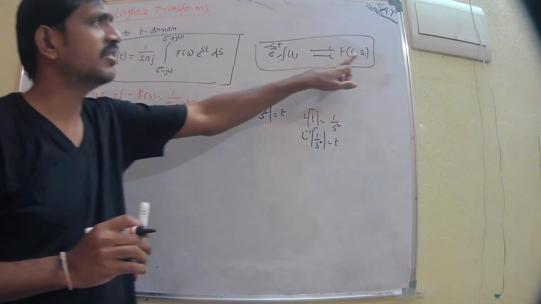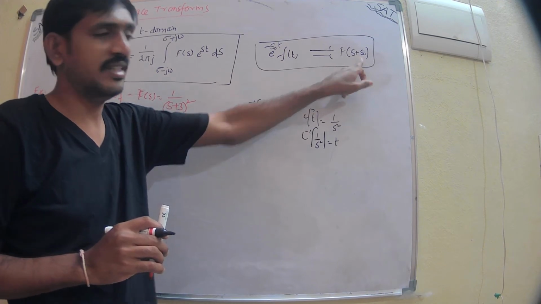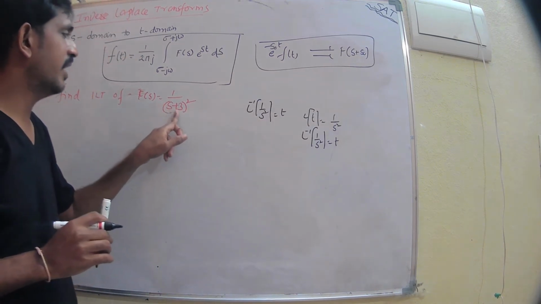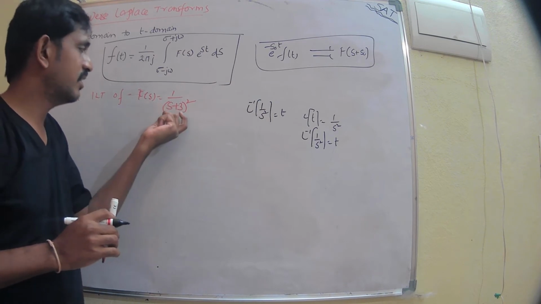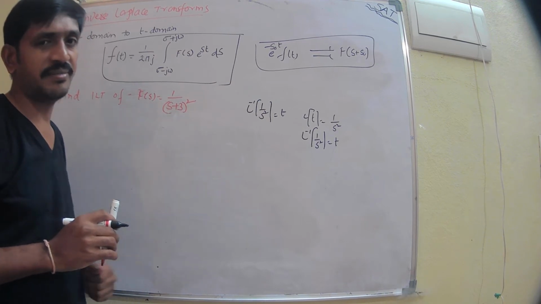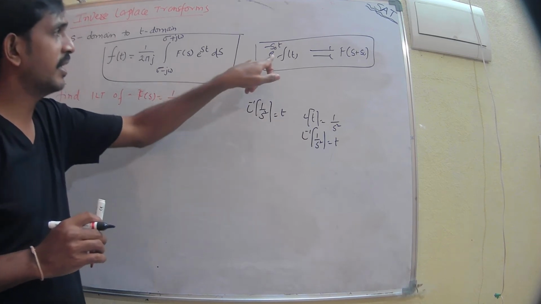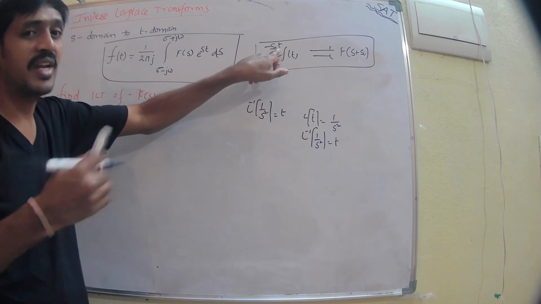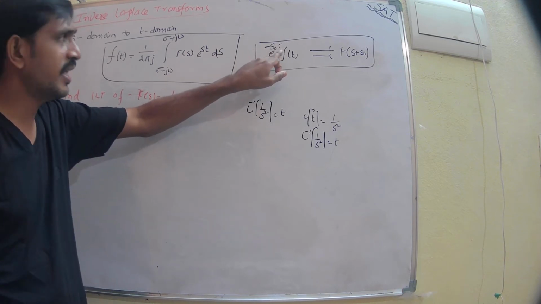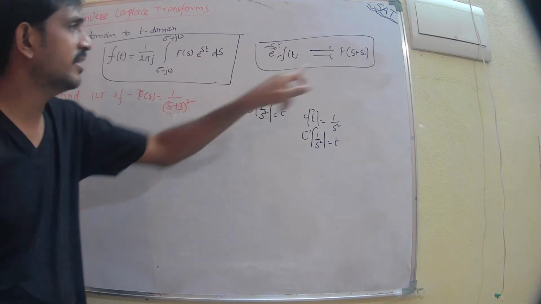So s plus s naught is a left shifting. Here it is shifted by 3. This is the shifting factor, a left shifting. The formula is e power minus s naught t, where s naught is the factor by which we perform the left shifting. What is the value of s naught here? It is 3, since we have s plus 3.